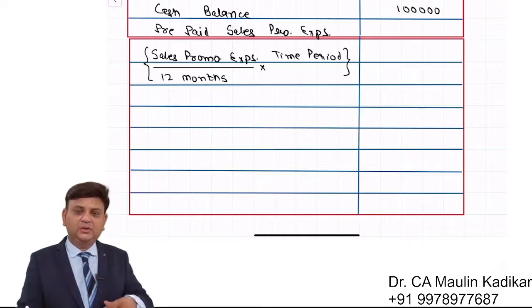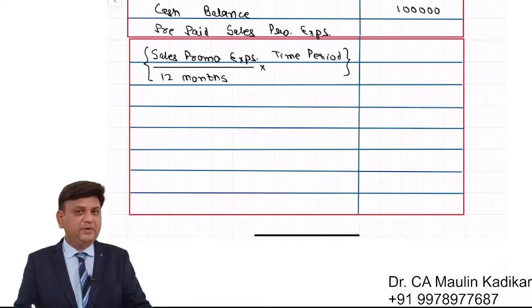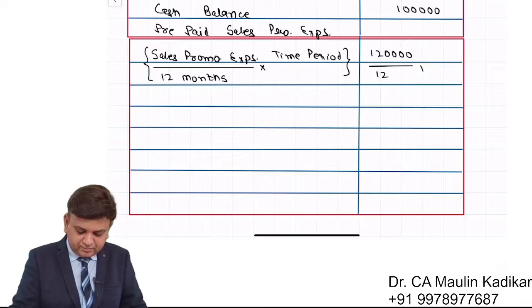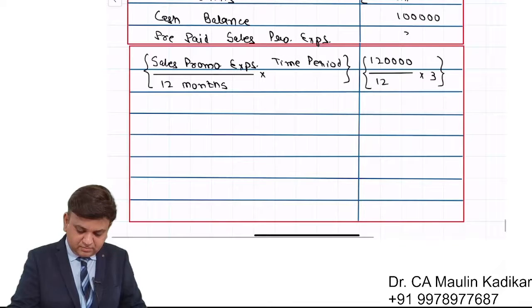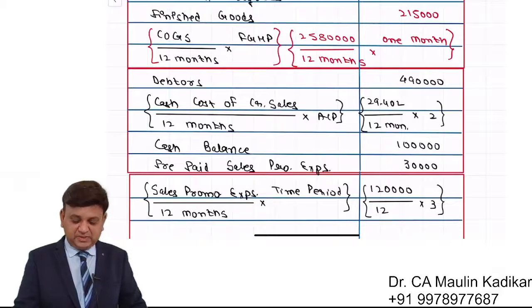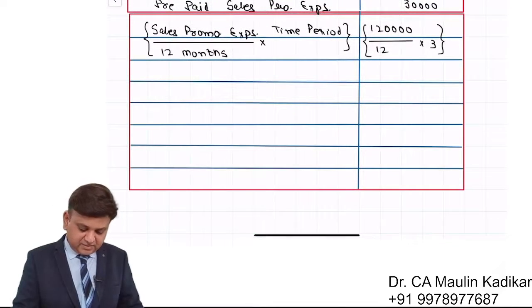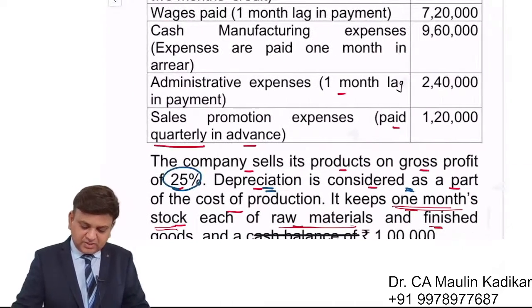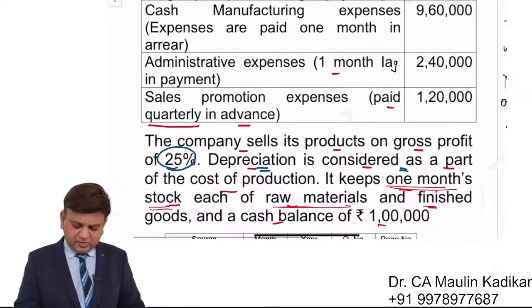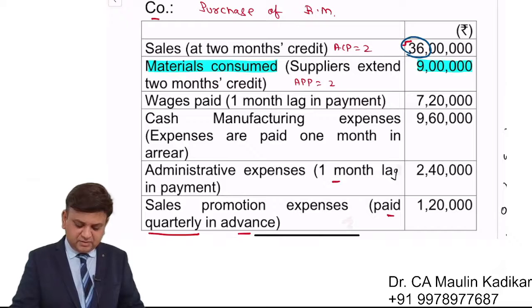Quarter means 1/4, so we understand it's 12 divided by 4, 3 months. 3 months expenses are paid in advance. 1,20,000 divided by 12 into 3. That comes to rupees 30,000. That is the way prepaid sales promotion expenses. Next, almost all current assets are done. Advance tax information is not given, so we are ignoring it. So now we'll start with the liabilities.